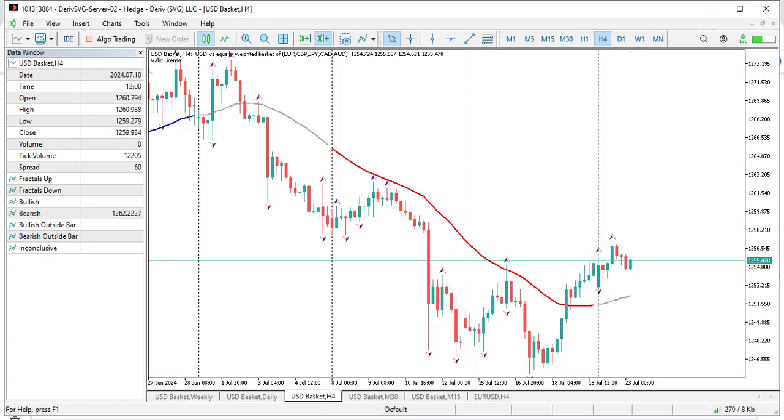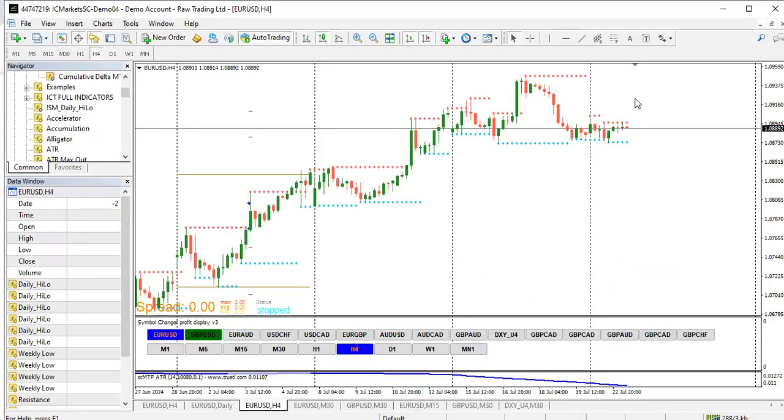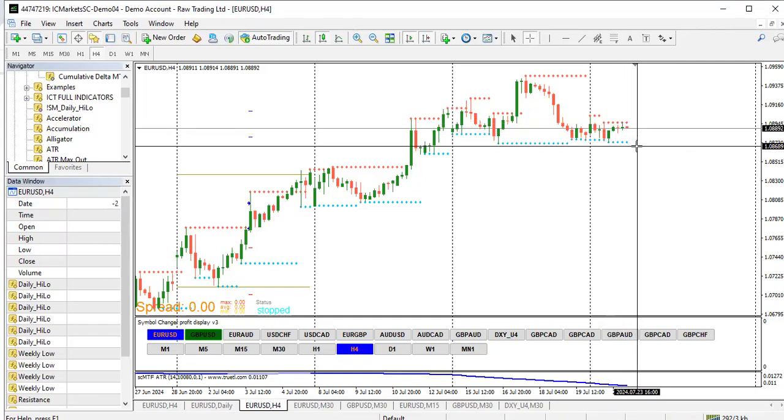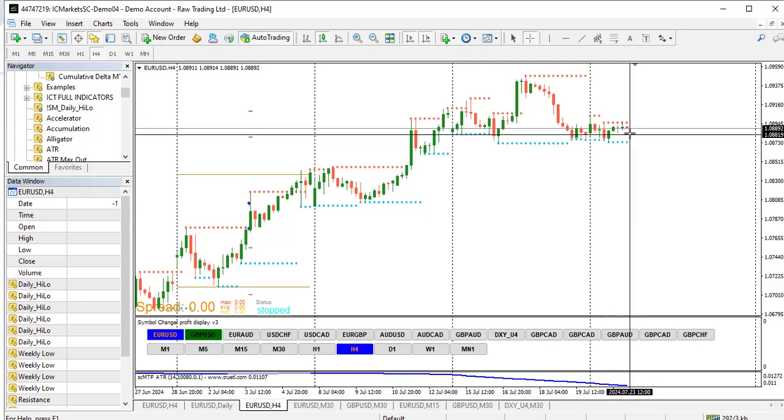If we also go to EU on the H4, we'll see that, despite this whole drop that happened here, the order flow is still basically bullish. The order flow is still bullish on EU. So we could actually get our intraday model playing out today as well, or even later in the week. Until a fractal low is broken to the downside on H4, we'll remain bullish.